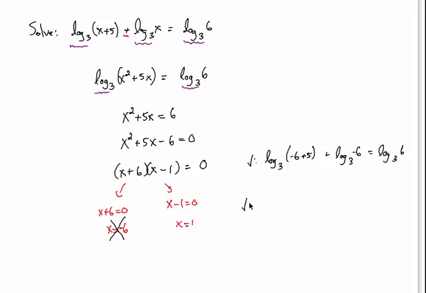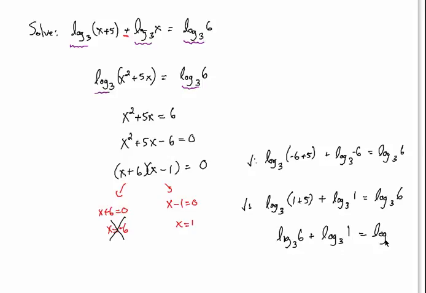So negative 6 is not going to be one of our answers. If I check when x equals 1 and substitute this in, this seems to work itself out a little nicer. So all the arguments are positive, and if I continue to check all the way, log base 3 of 6 plus log base 3 of 1 equals log base 3 of 6.